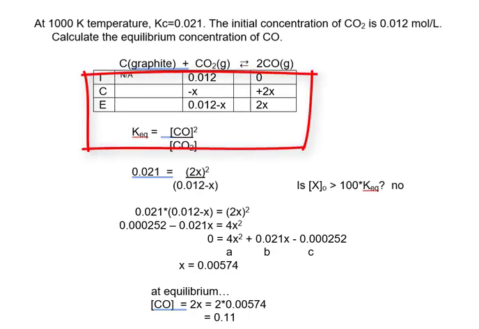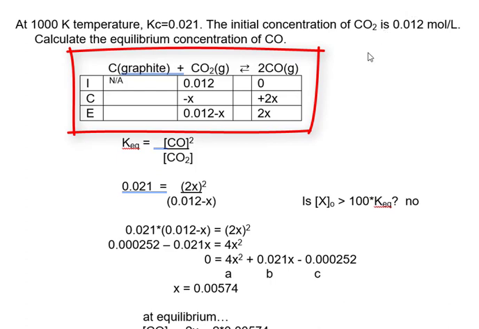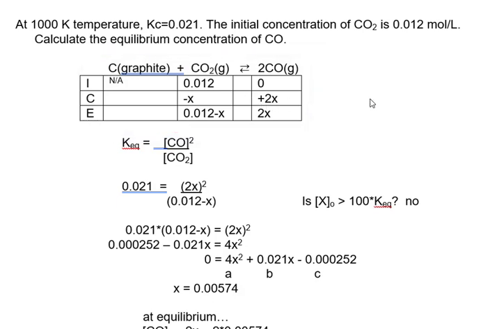And we set up the ICE table, and we subtract some amount from CO2, and stoichiometrically there'll be 2x added to the right side of the equation, or 2x will be added to the CO concentration. That 2-to-1 ratio is reflected in the 2x.